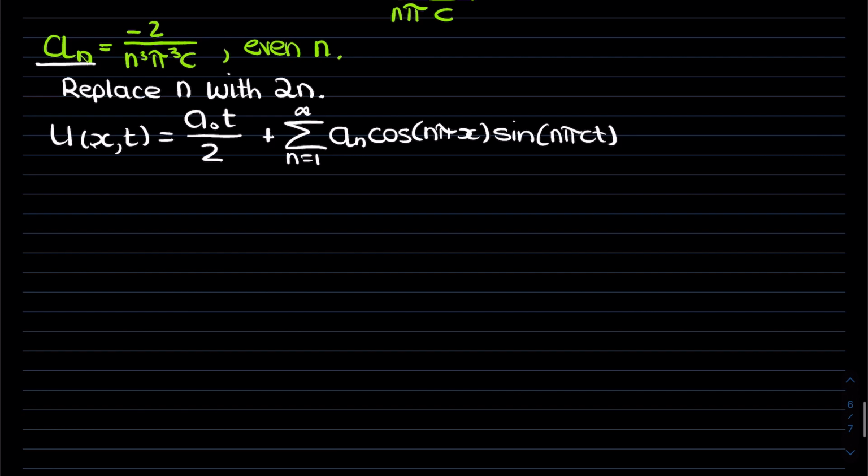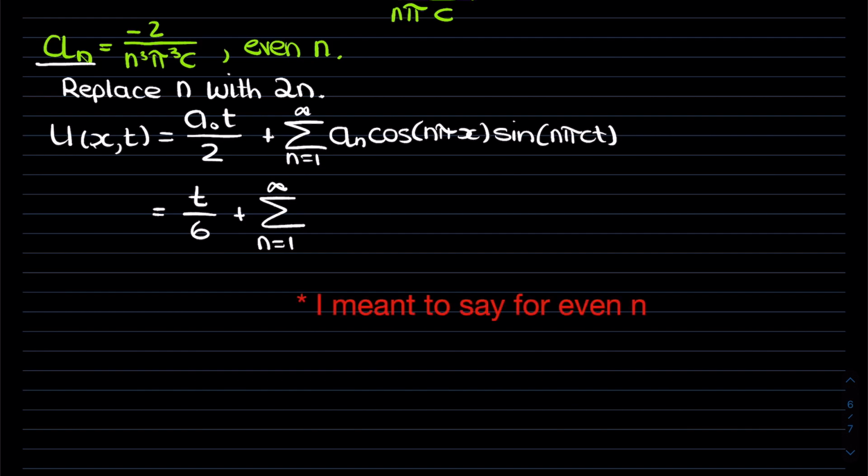So if we fill this in with our a of naught, remember our a of naught was a third, so we just end up with t over 6 plus the sum n equals 1 to infinity. Now you can just write like n odd. It depends on how your teacher likes you to write it. My teacher doesn't like me to write it that way. So for every n, we're just going to write 2n.